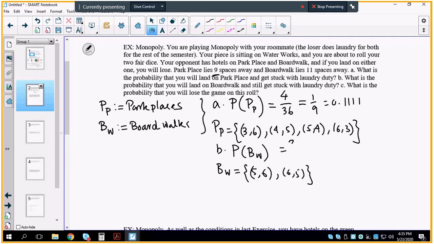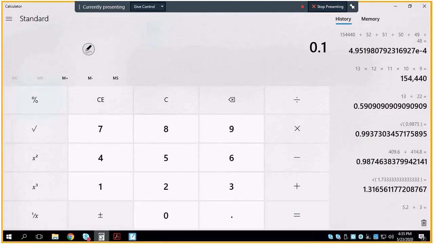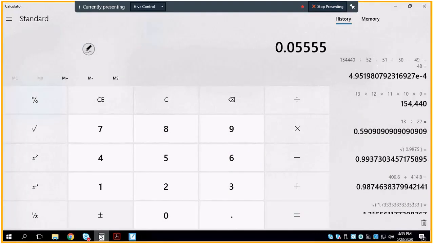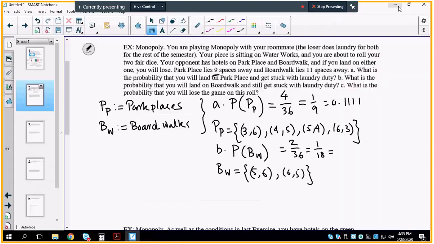So I'll say this is 2 over 36, and that is 1 over 18, which is equal to 0.05, and so on. In fact, I should check that in my calculator. So I had 0.1111, and I should get 0.0 and then all 5s. So 0.0556, rounded to 4 decimal places.